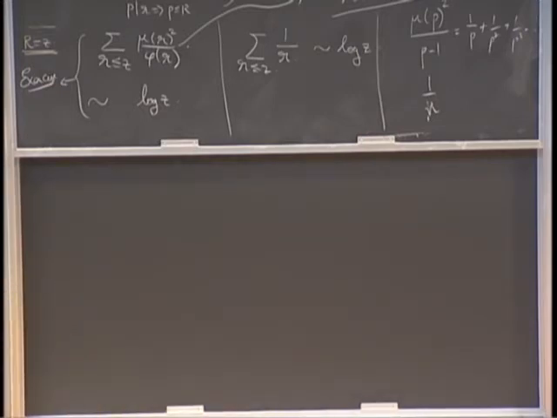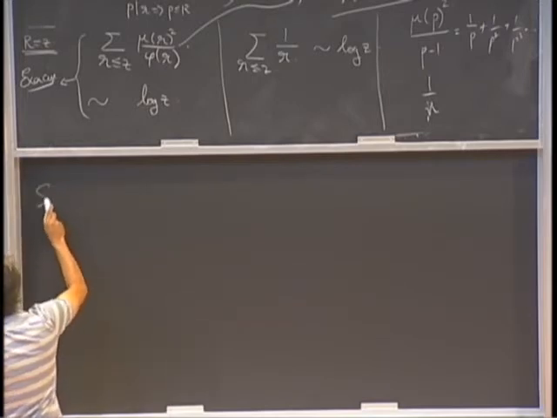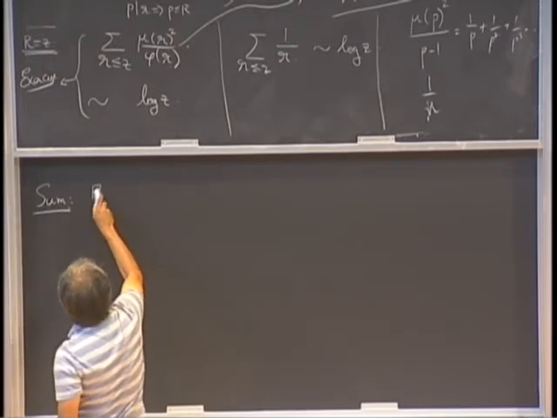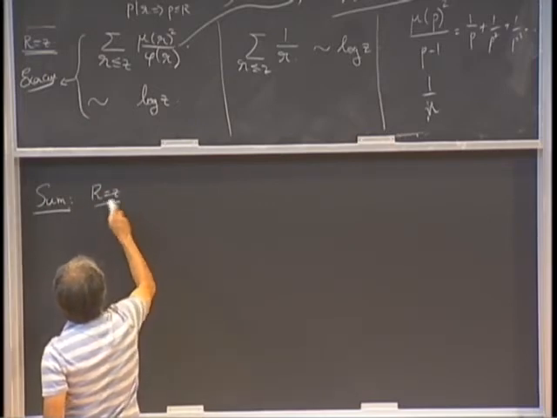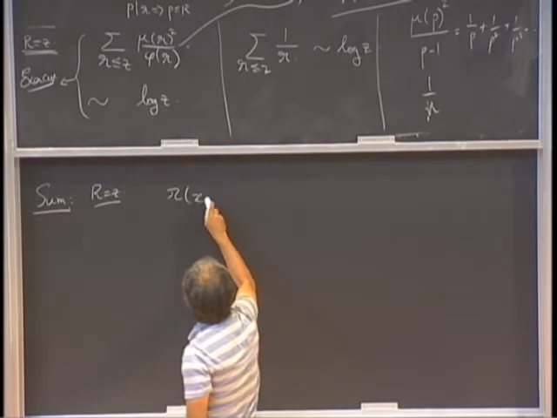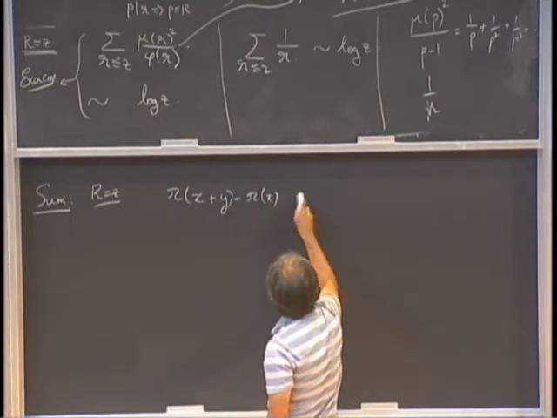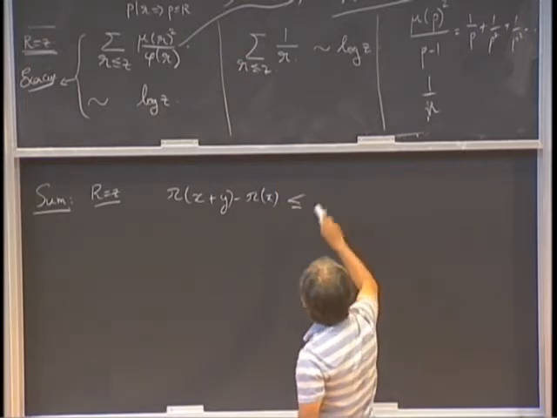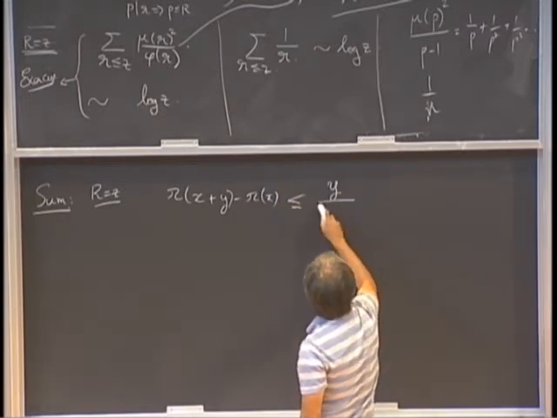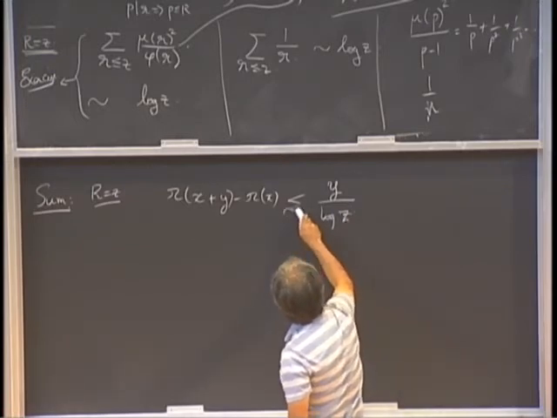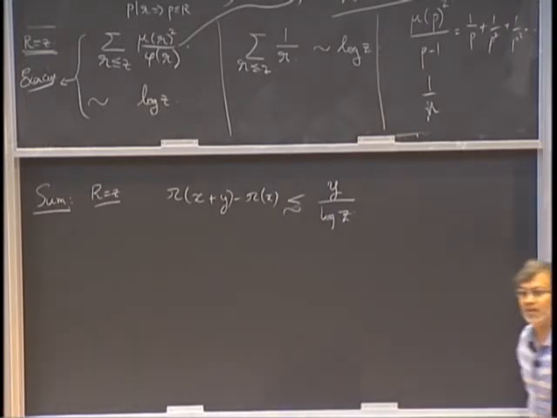So to summarize, if I chose R to be like z, then I would be getting that the number of primes in x to x plus y is now bounded by y over log z. So now I'm going to make this not an honest upper bound, but just an asymptotic upper bound.